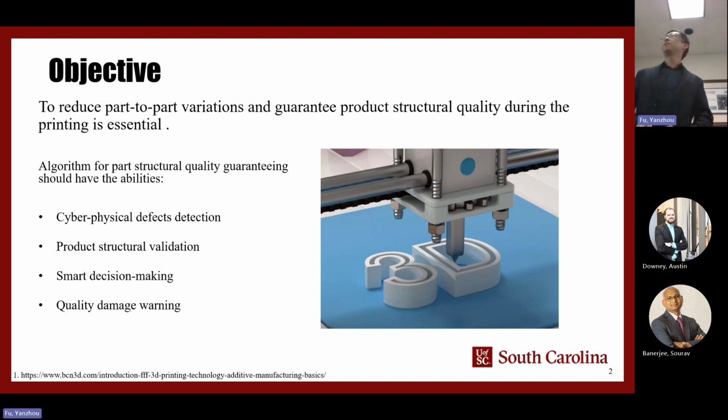The project objective is to reduce part-to-part variations and guarantee product structural quality during the printing. The developed algorithm for guaranteeing product structural quality should have abilities such as cyber physical defect detection, product structural validation, and a smart decision-making system.